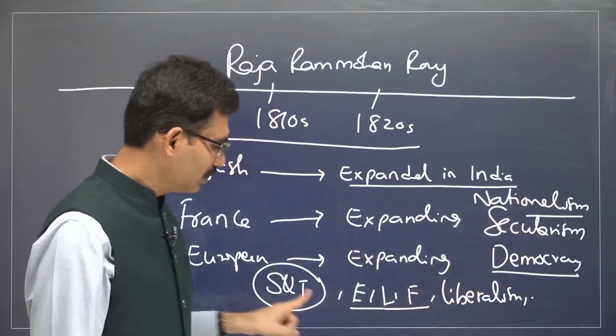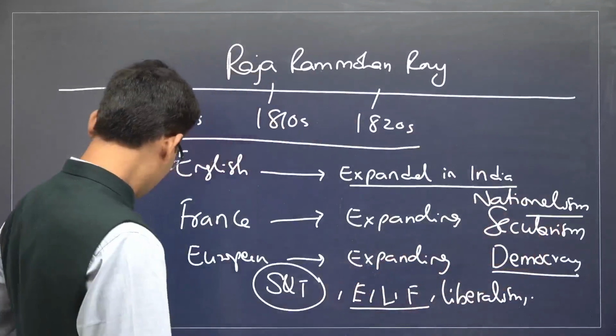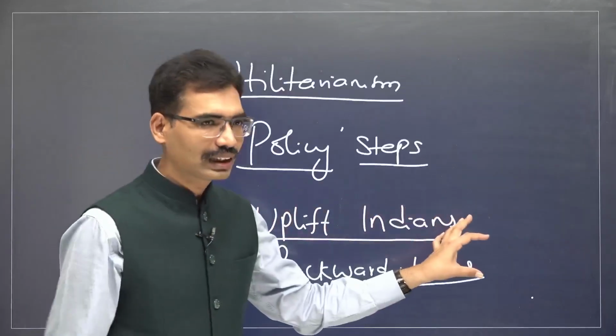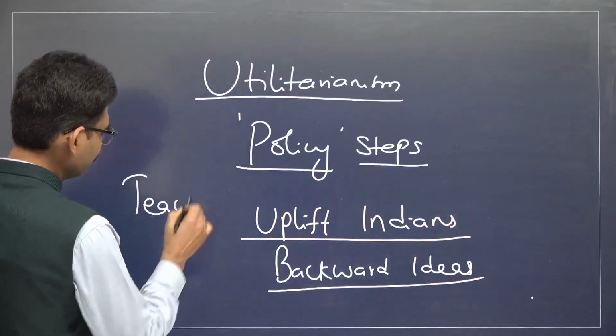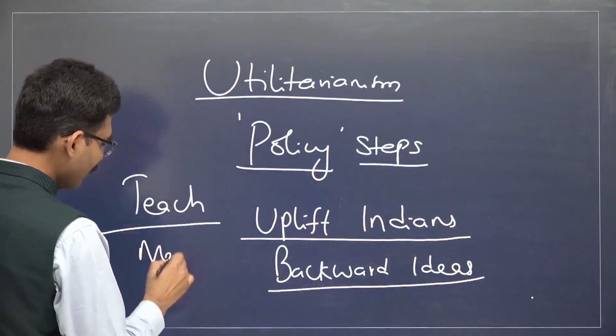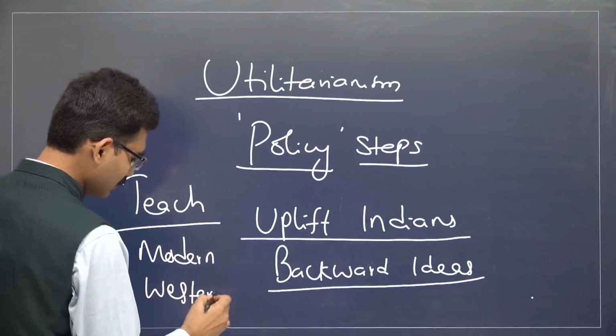These modern values are the values of the West. That means you have to gradually teach Indians modern values, but those modern values mean Western values.